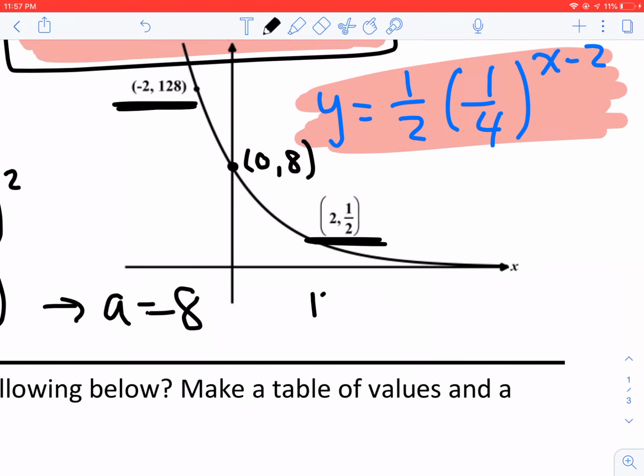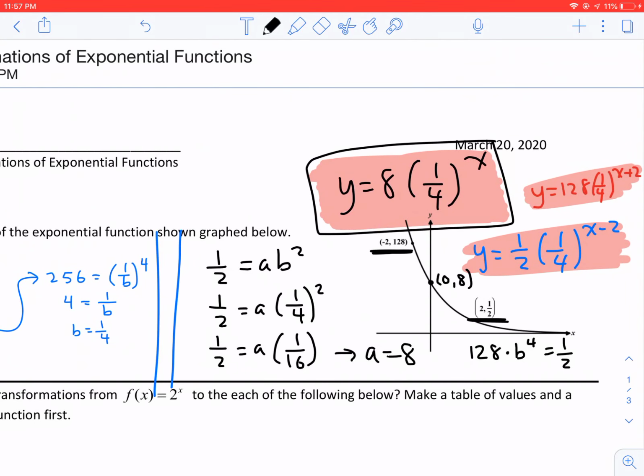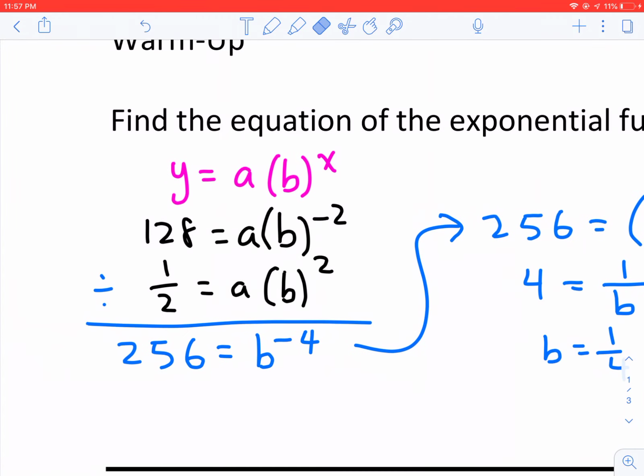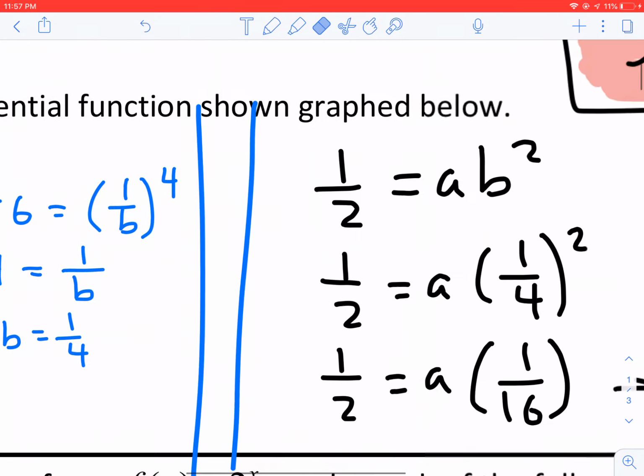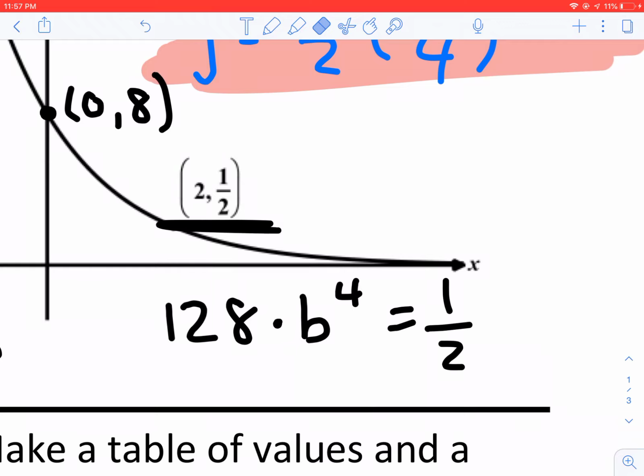So to go from 128 to a half, I need to multiply by this b value 4 times, b to the 4th. And if you solve that, you should also get b is equal to 1/4. So another way to get the b value, if you don't like setting up this system and dividing the 2, think of it like a sequence with terms, and you would get this setup, which also lets you solve for b.